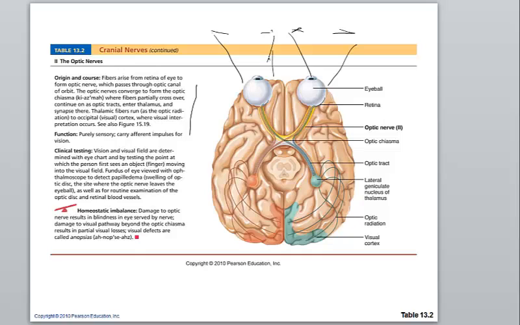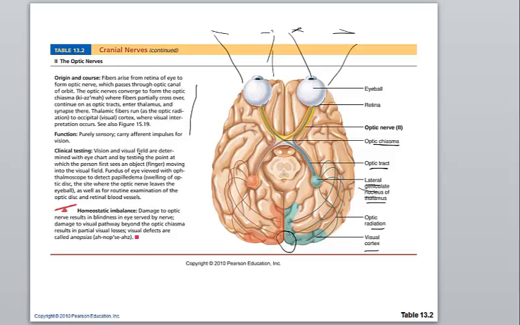The fibers that receive information from the lateral side cross over at the optic chiasma. It's called decussation. The other fibers just keep their course on the same side. After the optic chiasma, they form the optic tract, which ends at the nuclei of your thalamus, and then forms the optic radiation, which ends at the tip of the occipital lobe. That's your visual cortex.